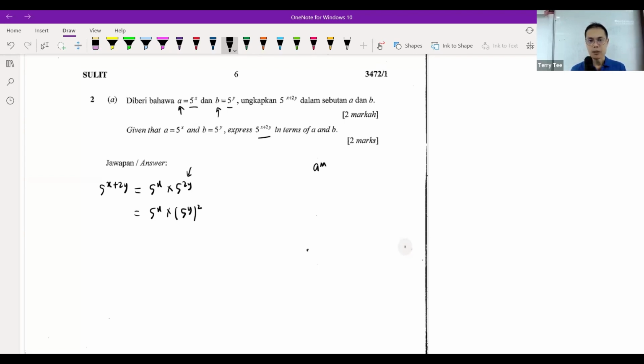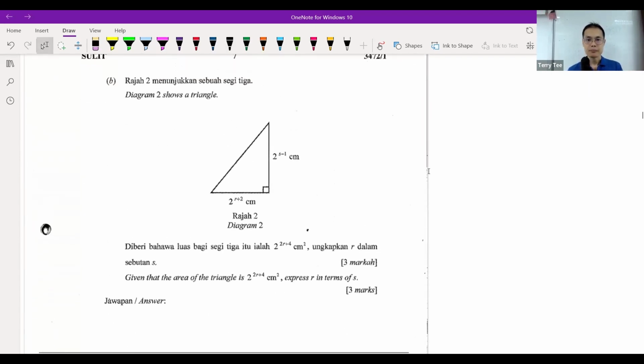A power m, when you power n, is the same as A power n bracket power m, which is A power m times n. So we can switch the position of 2 and y. Right now, I switch that so that I can replace your 5 power x with A and 5 power y with B. There's a square outside. So your answer is A B square. So that's number 2, part A.